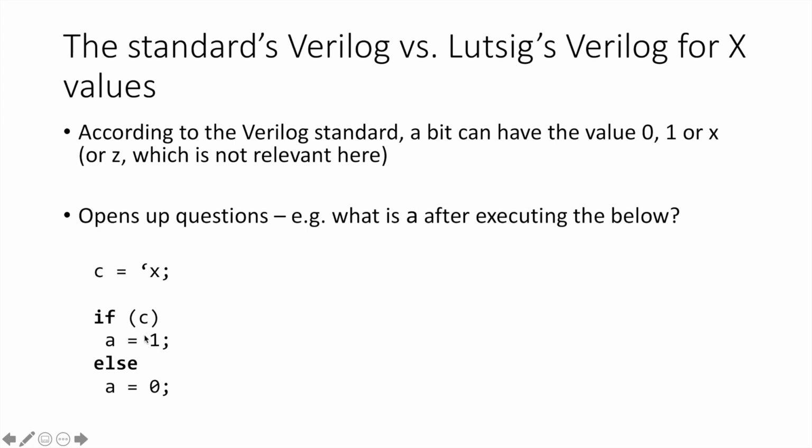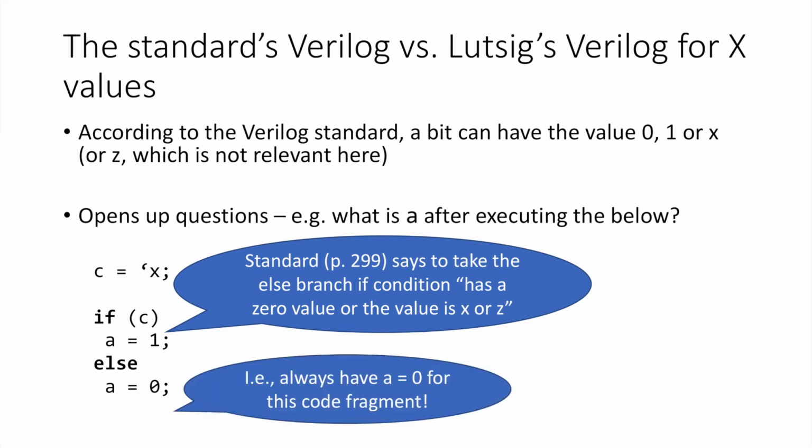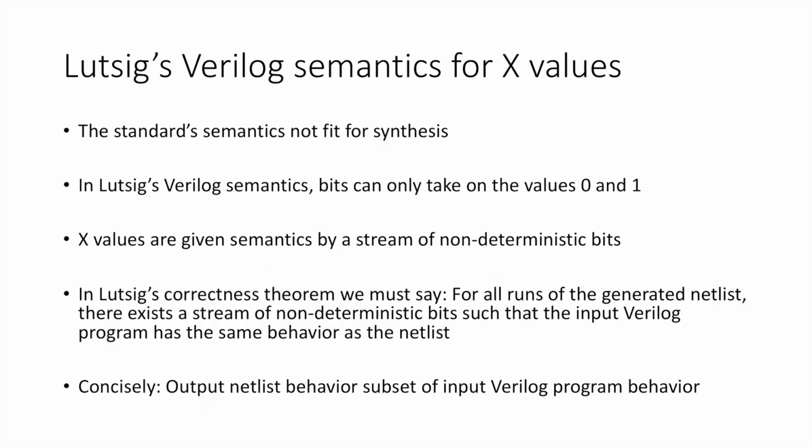Should we assign 1 here to A or 0, or should something else happen? And the Verilog standard says that we should assign 0 here, which is quite strange. So according to the Verilog standard, A should always be 0 after having executed this fragment. And this is not a good fit for synthesis. So we had to come up with a better semantics that makes sense for synthesis for X-values.